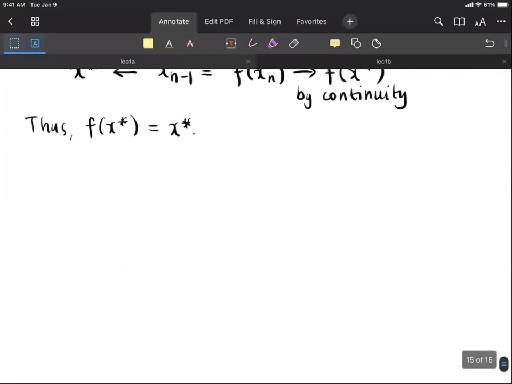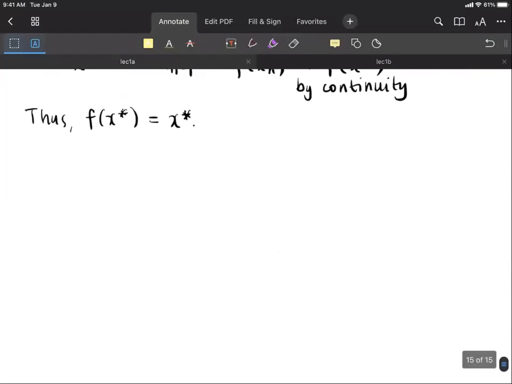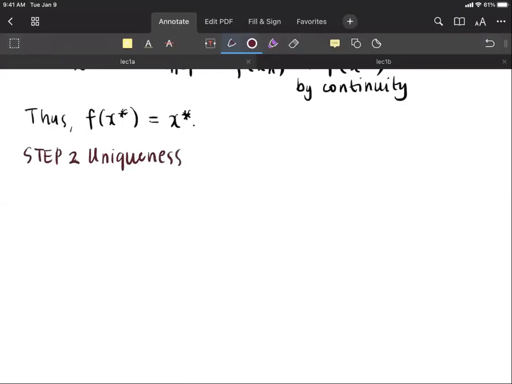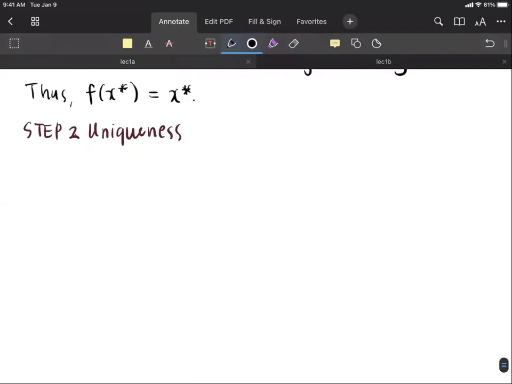So now that we have the existence of a fixed point, the second step would be the uniqueness. As usual, to prove uniqueness, you consider two fixed points. So suppose I have a fixed point x star and possibly another fixed point, say y star.